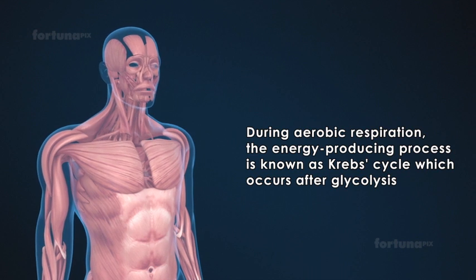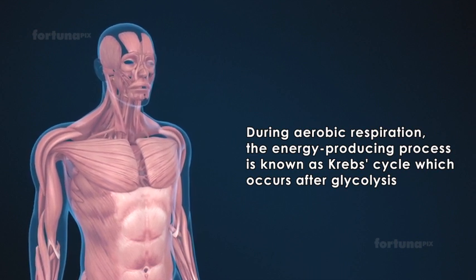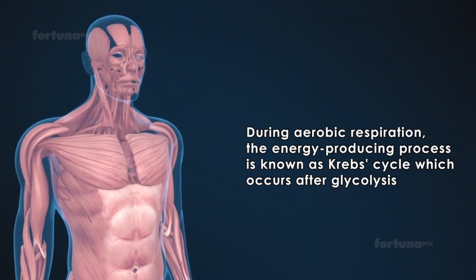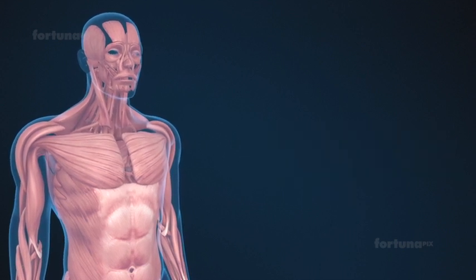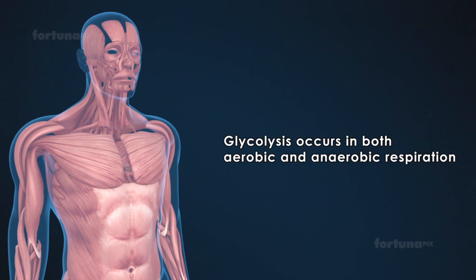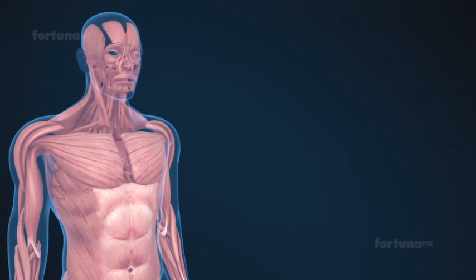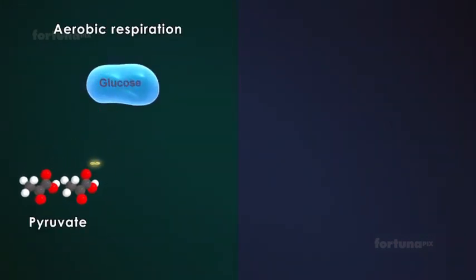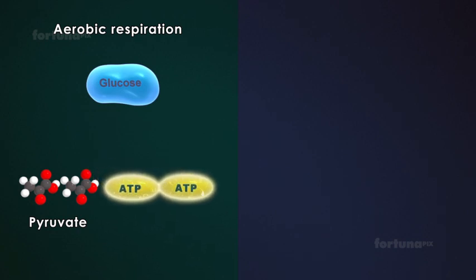During aerobic respiration, the energy-producing process is known as Krebs cycle, which occurs after glycolysis. Glycolysis occurs in both aerobic and anaerobic respiration. In aerobic respiration, it is responsible for converting a molecule of glucose into 2 molecules of pyruvate and releasing energy in the form of 2 molecules of adenosine triphosphate, ATP.